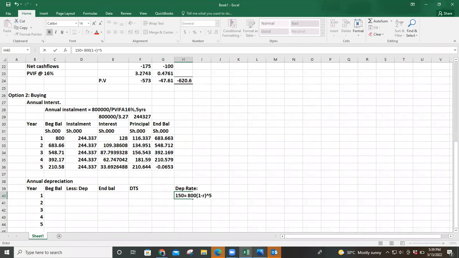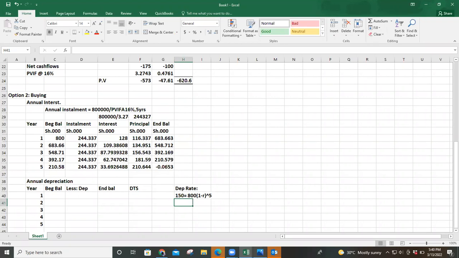So you work out for R. We take 150 divided by 800, and we get 0.187. Therefore 0.187 equals 1 minus R raised to power 5.